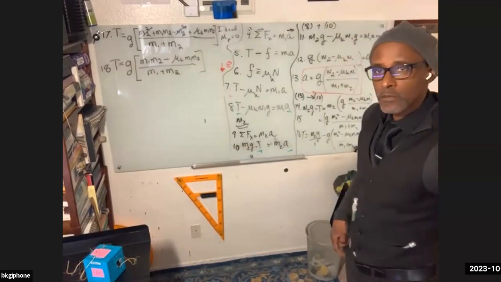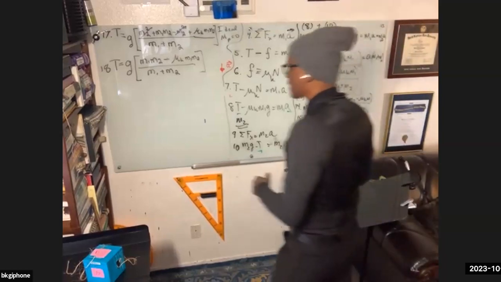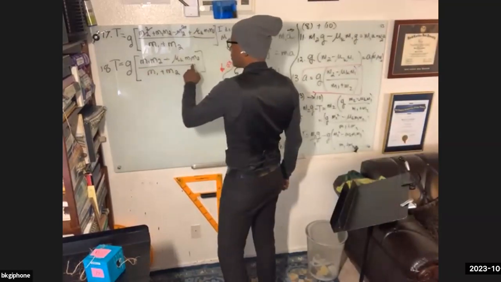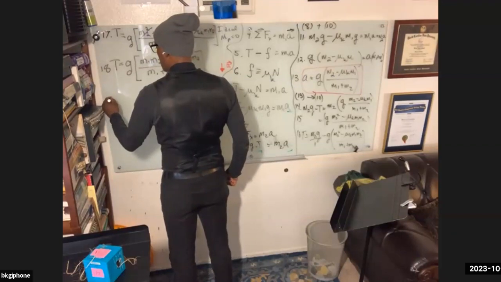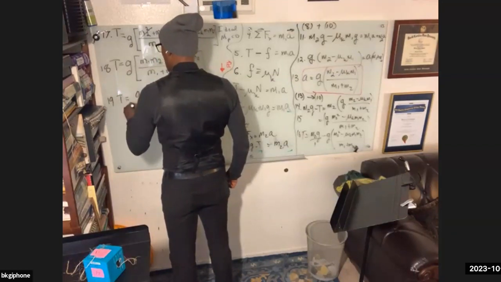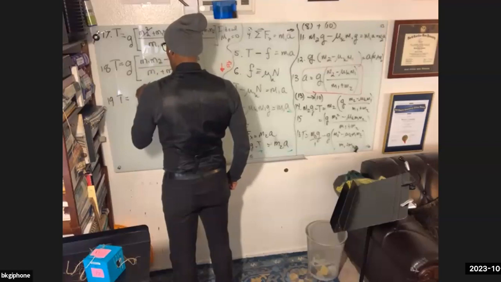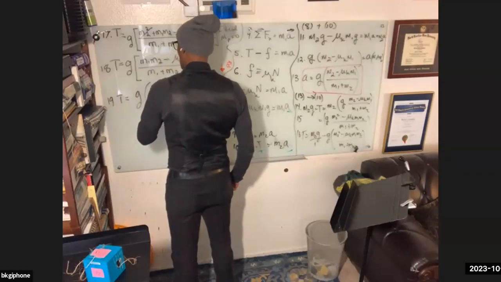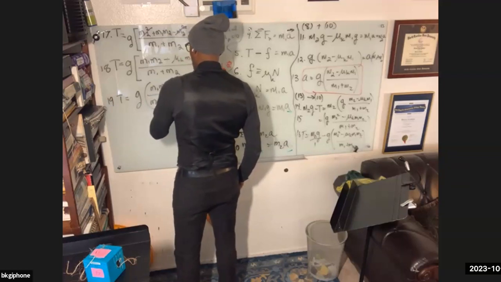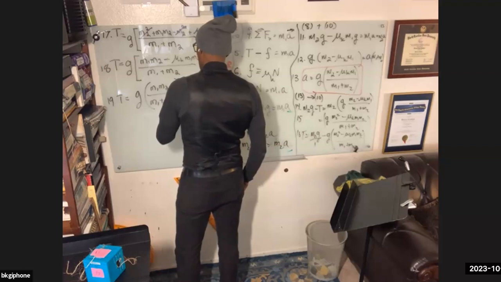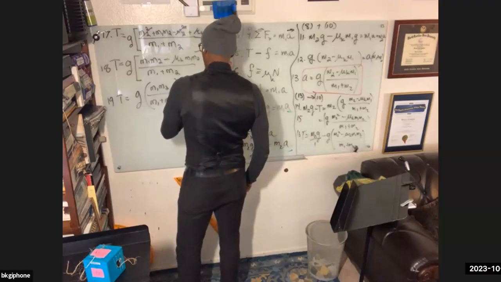Well, I like to simplify a little bit more. I can factor out the M1, M2. So if I do that, I'm going to get G times this factor here, M1, M2 divided by M1 plus M2, but then times this factor on the outside, 1 plus mu k.